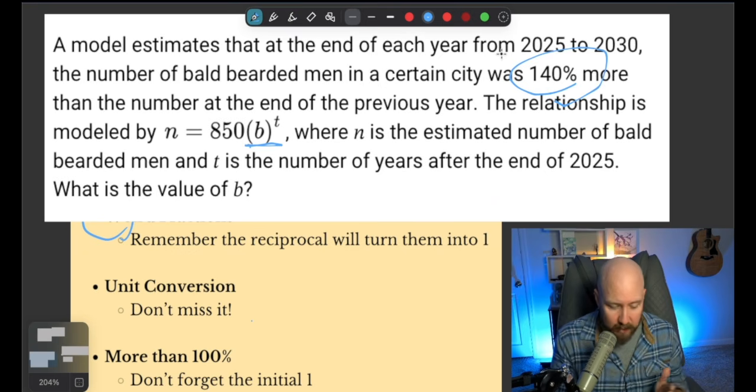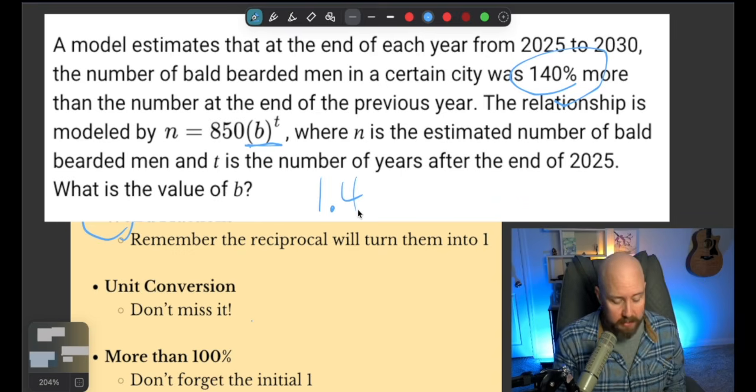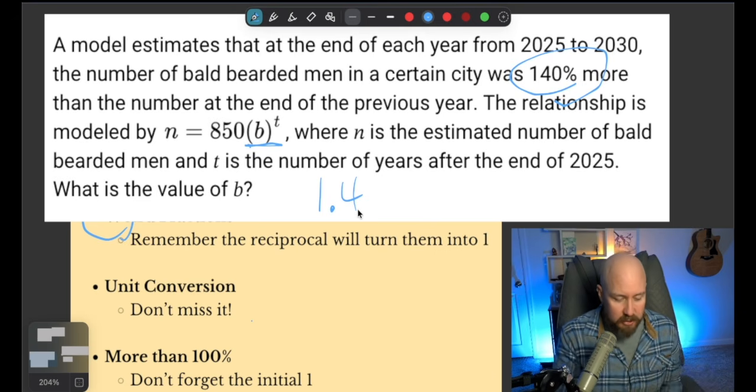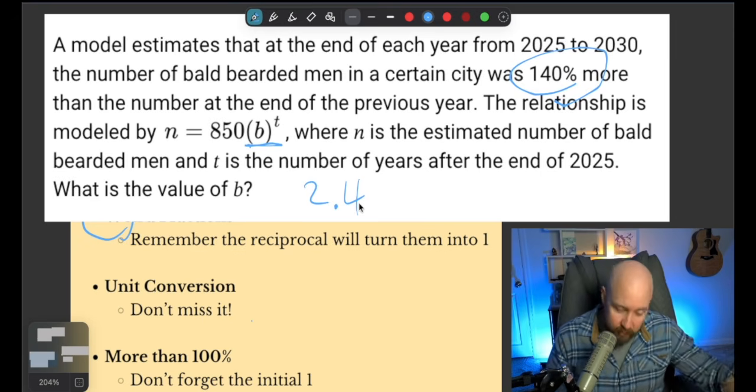So a lot of students might be tempted to say that the value of b would be 1.4, since that represents 140%, but it's an increase of 140%. So we need our initial 100%, plus an additional 140%. So the actual value of b would be 2.4. That way we have 100% plus 140%, which is 240%.